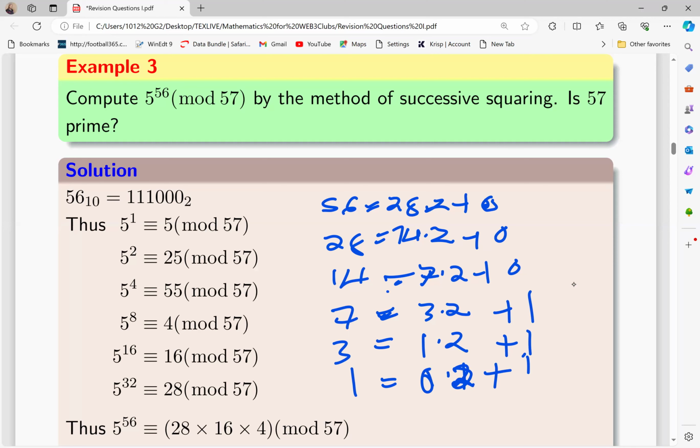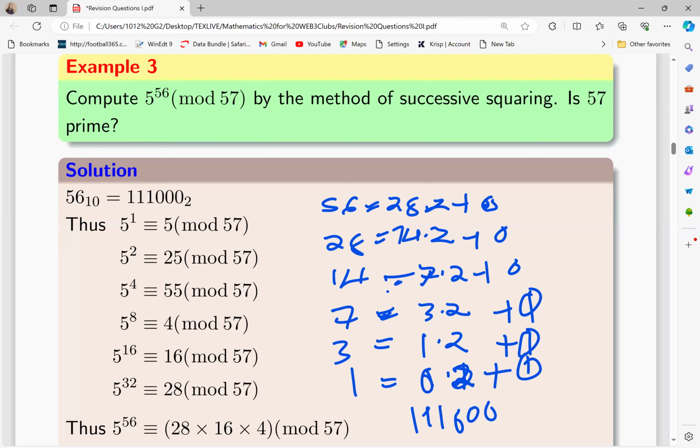So you take the last digits, which is now 1, 1, 1, 0, 0, 0. That's how you convert to binary. Good.